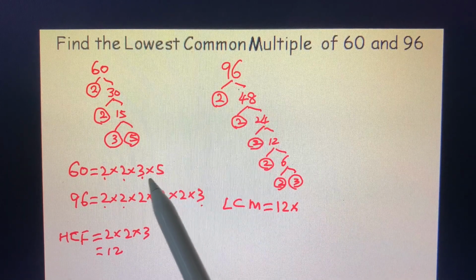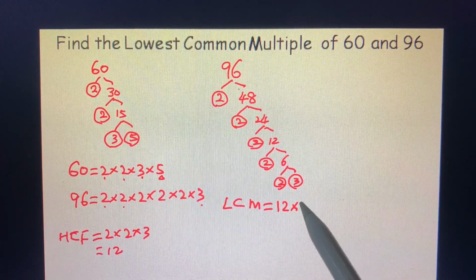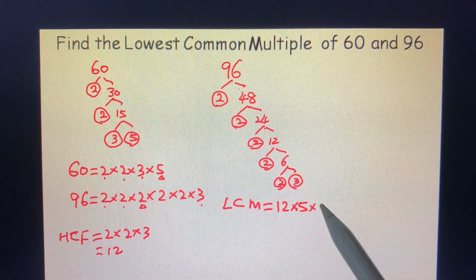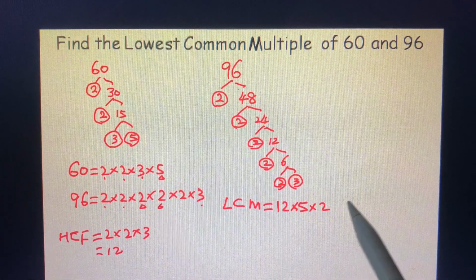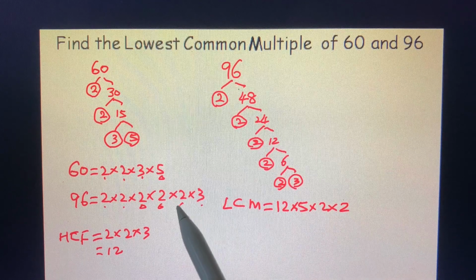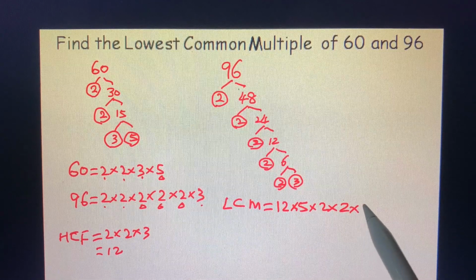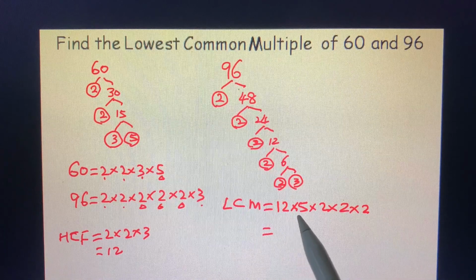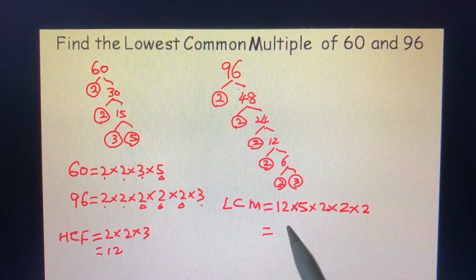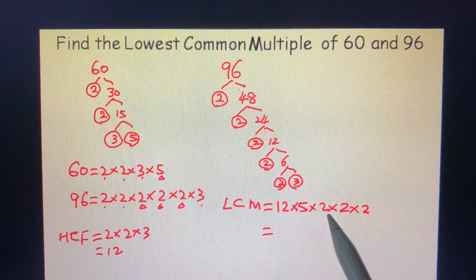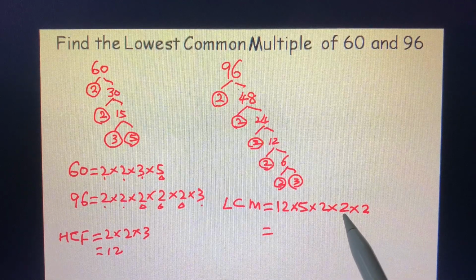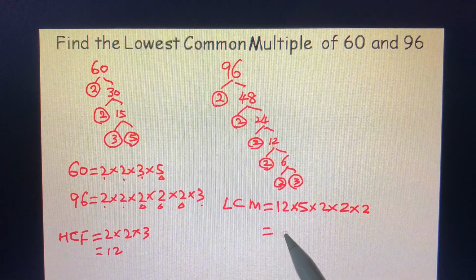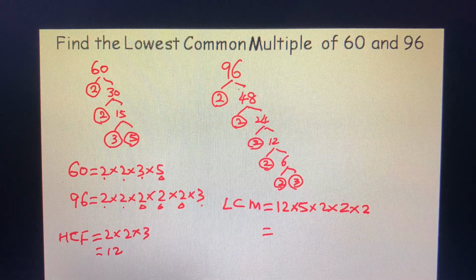Here is 5 and 2, another 2, which is 12 times 5, 60, times 2 times 2 times 2, which is 480.